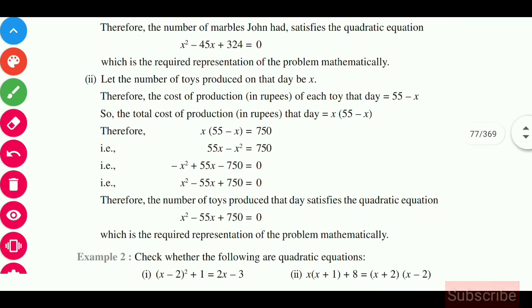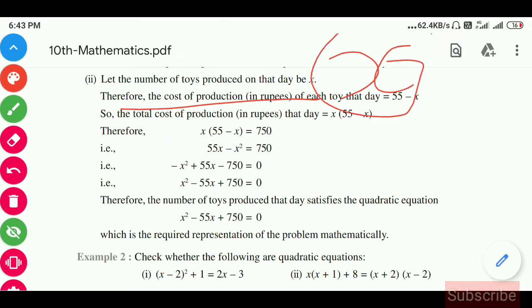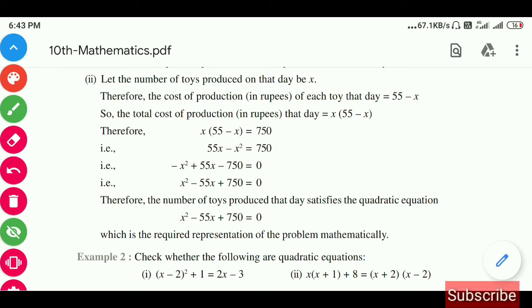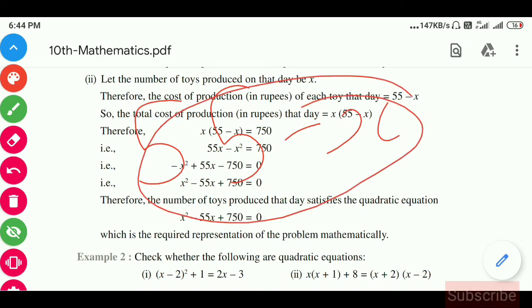Simply, let the number of toys produced be x. We have x toys produced in the industry. Now since the cost of production of each toy is 55 less than the number of toys produced, 55 minus x will be the cost.